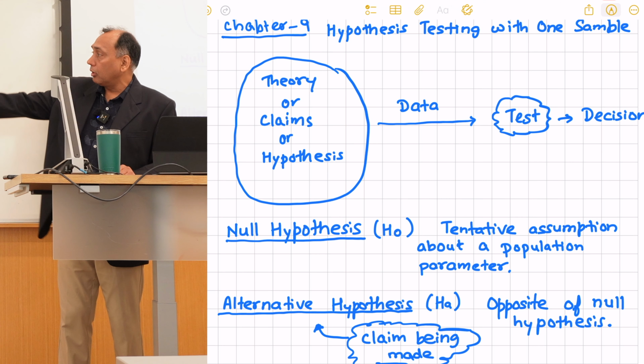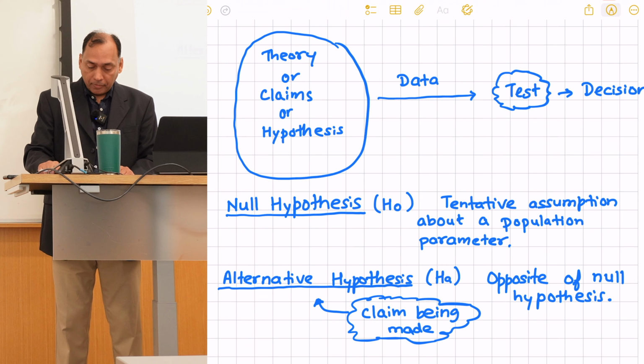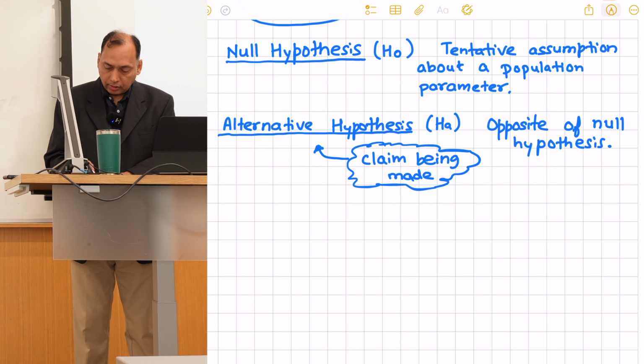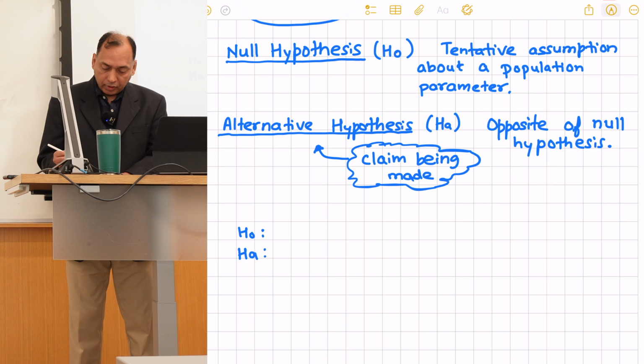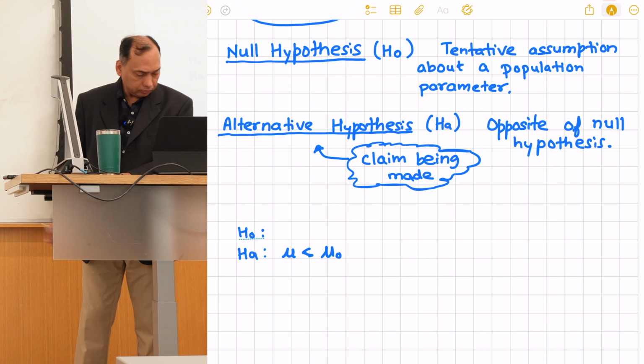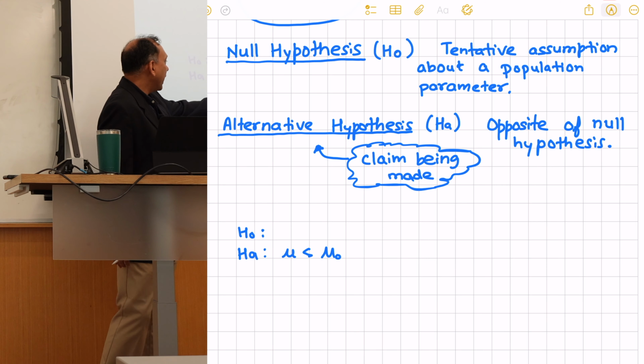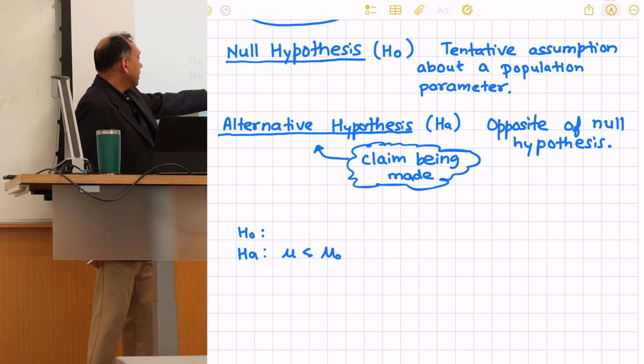Hypothesis testing always involves these two hypotheses. And then when you have these two, there are 3 situations possible. You may have H0 and HA, where let's say we are claiming that the population mean is less than some number mu 0, that the average time to serve a customer is less than 5 minutes. So this is 5 in that situation, and this is the population mean.